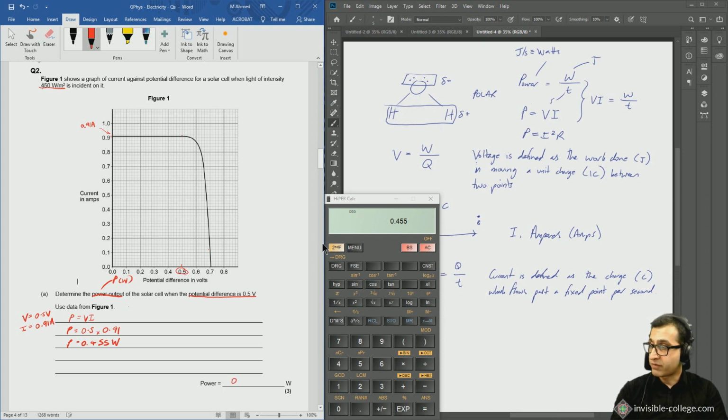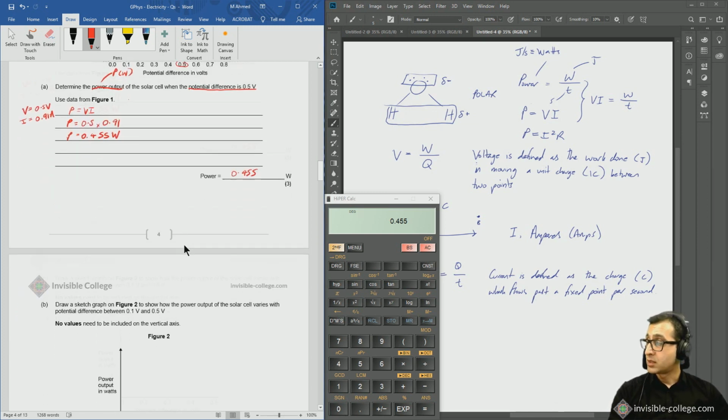So 0.455 watts is where we leave it. So please always leave your answer to the maximum number of significant figures given in the question, unless you're told to round up or down to a particular number of decimal places or significant figures.